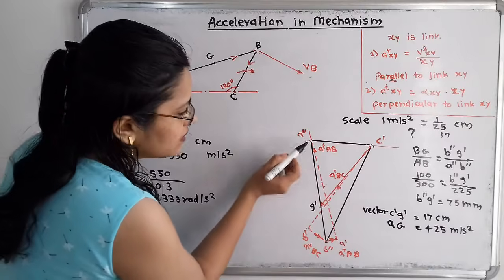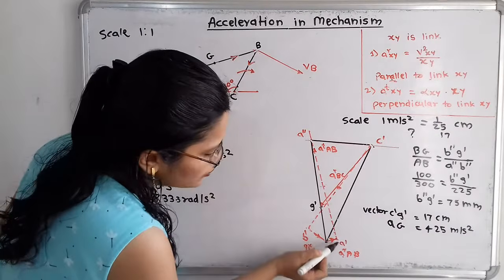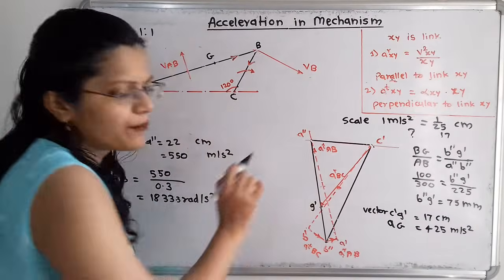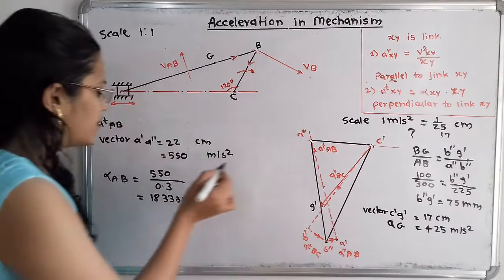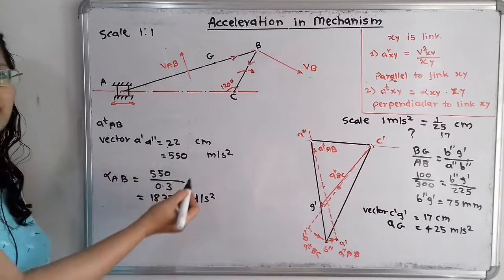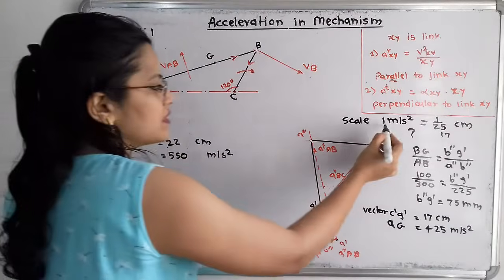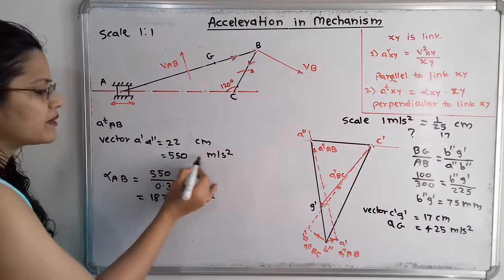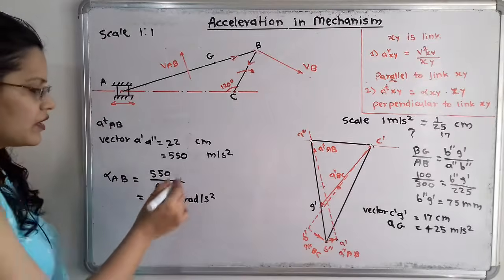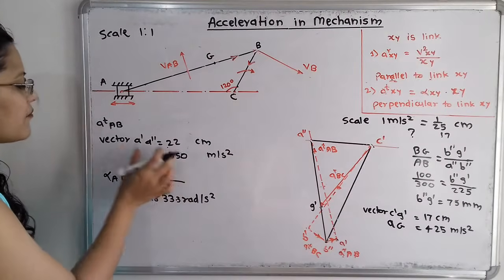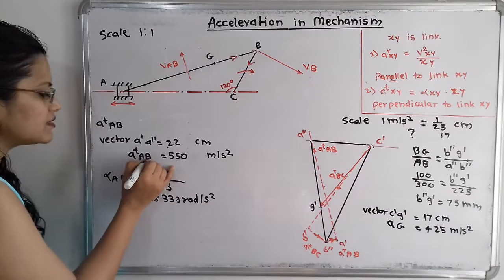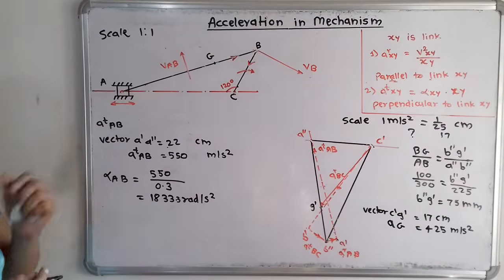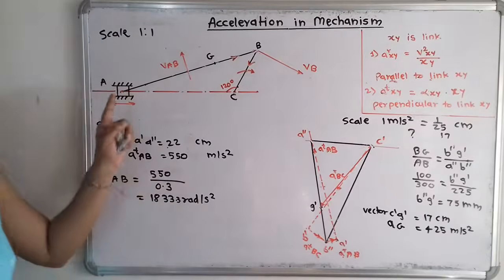Now if we observe this diagram here, A double dash to A dash is the tangential component of AB. So we have to measure this vector A dash to A double dash, which is equal to 22 centimeters. If we convert with this scale, we will get 550 meter per second square, which is the tangential component of acceleration for this link AB.